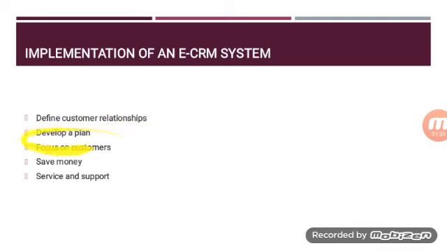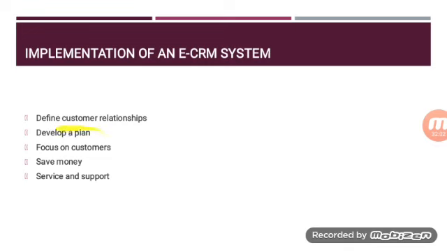Next, after you define, you can develop a plan. A plan should be developed, which means you have to create a broad relationship management program where you can do that in terms of customizing your customer segments. Okay, and then maybe you can use a suitable software or solution which will help to deliver the goal of targeting your customer segment.